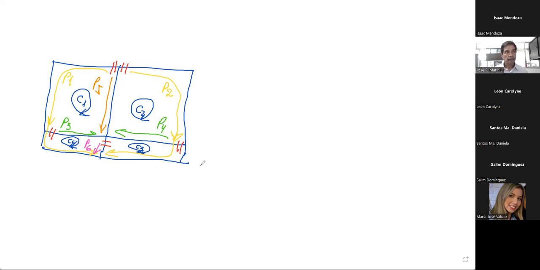Okay. So let's do the example in cell 1. Cell 1 is formed by this path. This is path 1, only up to here. Path 1 continues up to here. If you want to make a cut here, you can consider this sector.